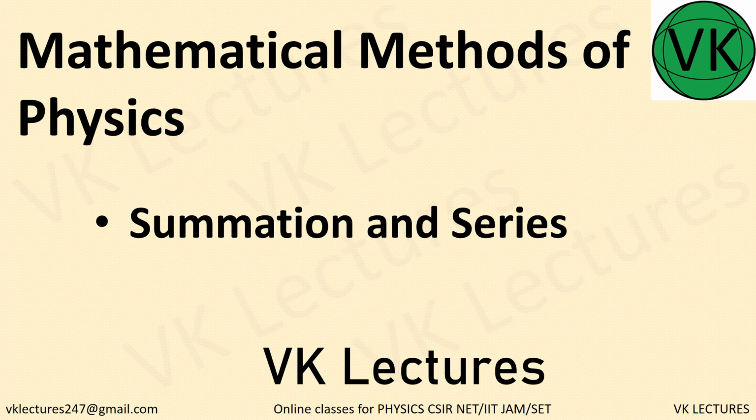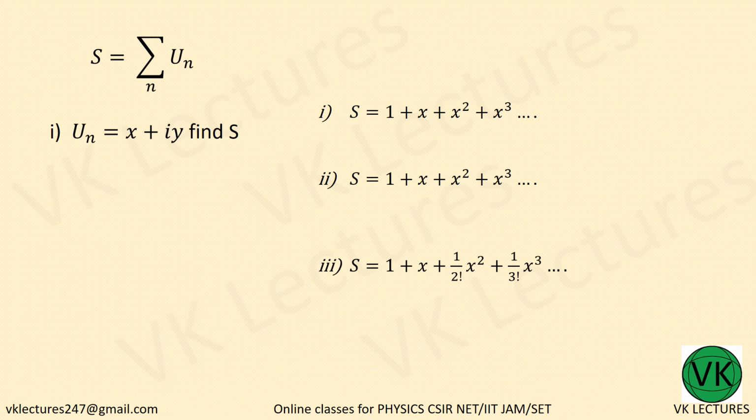Summation and series. Here the first thing that you see is how to write in general the sum of some general terms. If there are some general terms, how will you write its sum? That is given as the sum over n of un.